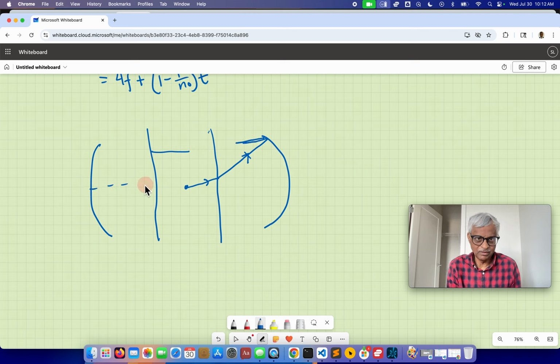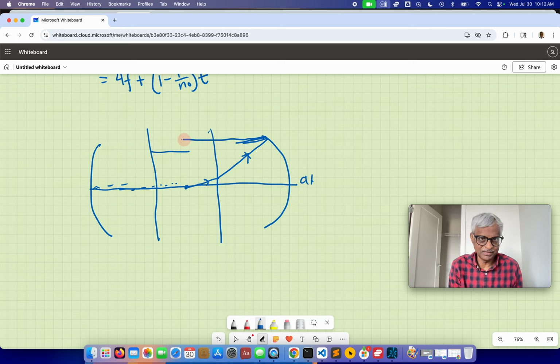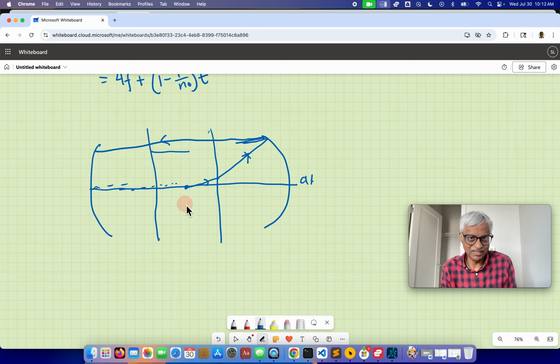So this is the oh man, this is so hard to draw. This is the axis, so we want it to come parallel to the axis. If it comes, then it will just repeat it, right?